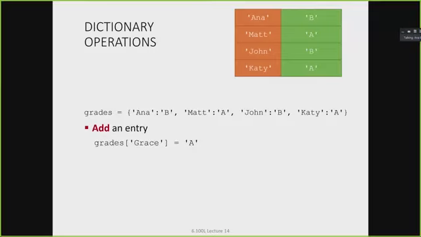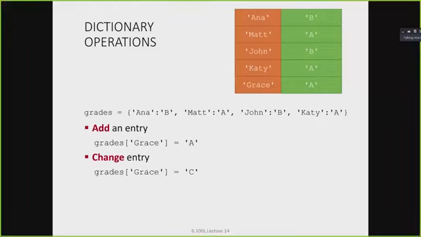Yet I'd like to add her to my dictionary. That's okay. With this particular syntax, grades at key Grace, if Python does not find Grace in my dictionary of keys, it'll just add her. Which is really nice, right? I don't need to check if she's already in there. There's no looping. You just say grades at Grace equals A. Boom, it adds it for you.